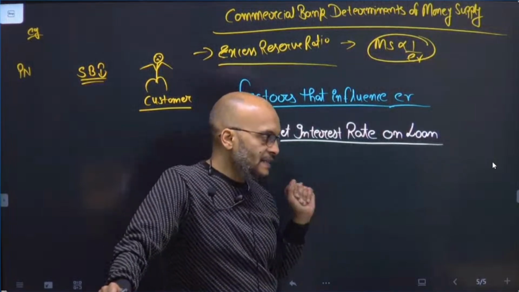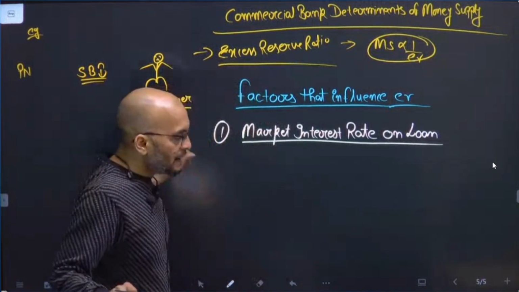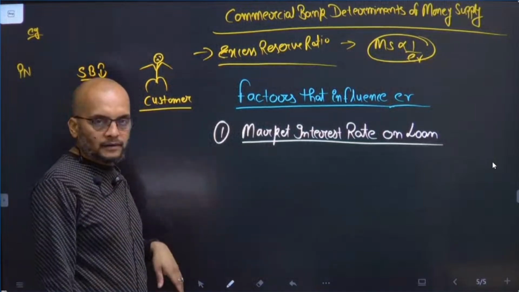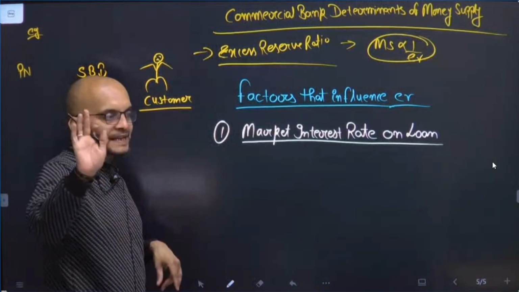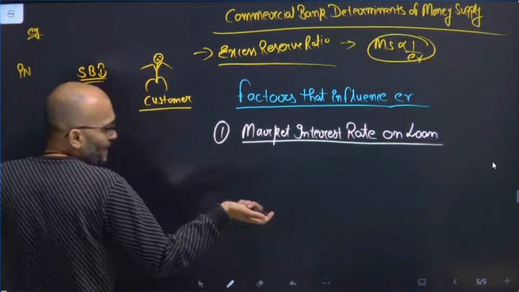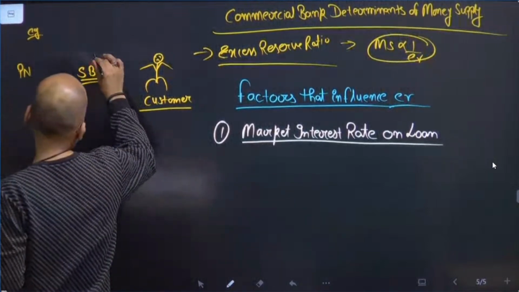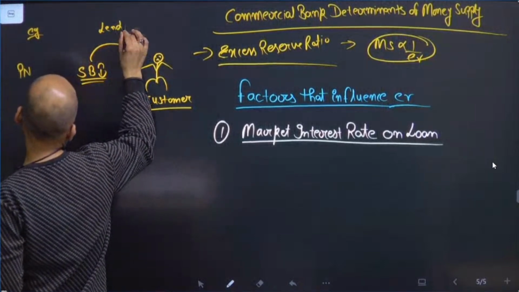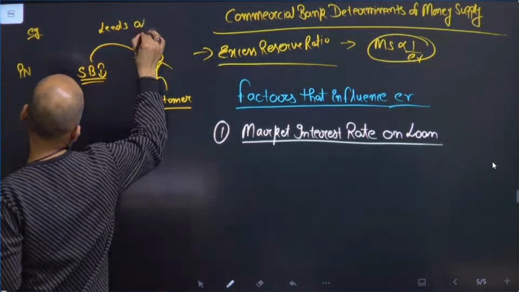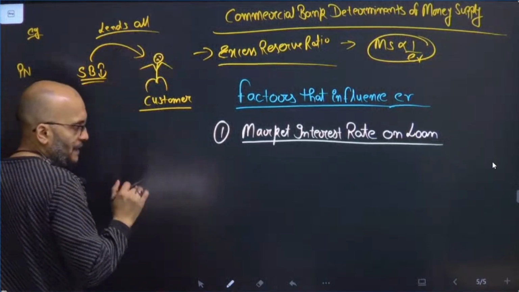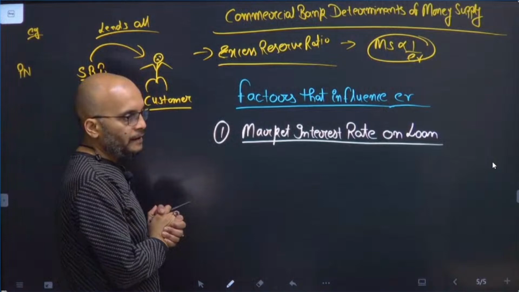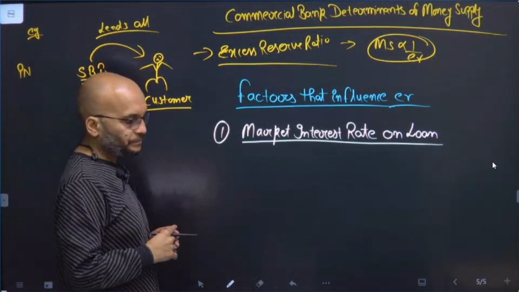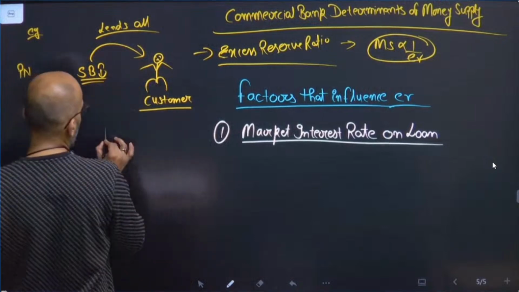What SBI does is, SBI is very intelligent. SBI lends out all the money it has got. It does not keep any excess reserve ratio, just as an example. Now what happened?